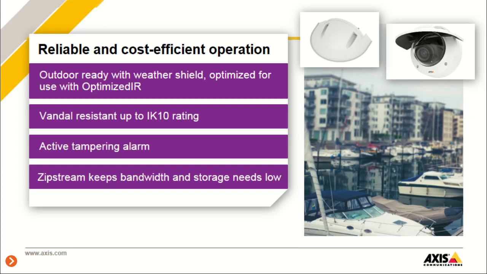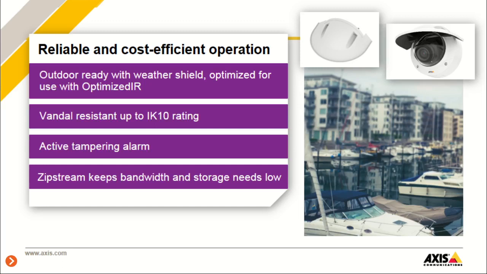It comes with a weather shield. This weather shield looks a bit like a cap for the camera. Black inside to make sure that the IR light doesn't reflect. So actually, it's quite a clever cap, to put it this way. It helps you make sure that you don't have troubles with either the sun shining in, of course, or when it starts raining, the drops of rain coming up to the lens.